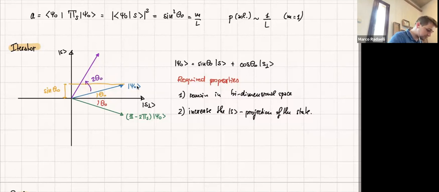Remember that basically, we were at theta naught, then we move down with the oracle, and then we reflect around psi naught. So it's actually a 2 theta naught reflection. Okay, this is interesting because at this point, you see that we have increased our projection by a bit, right? So we are going in the right direction.